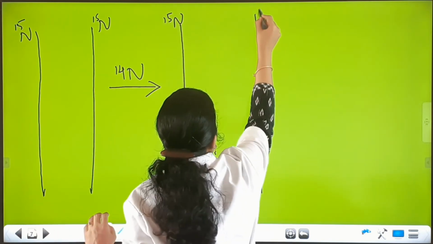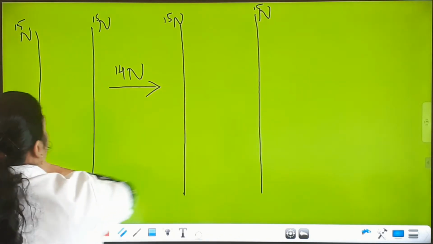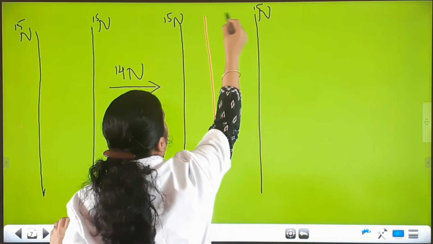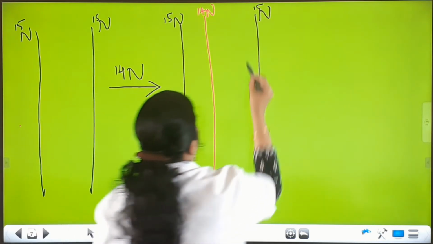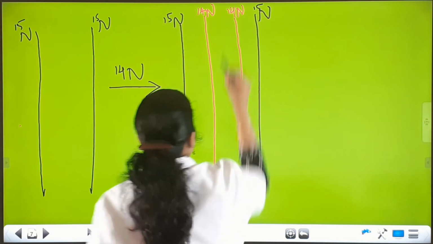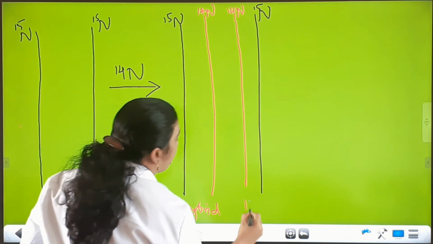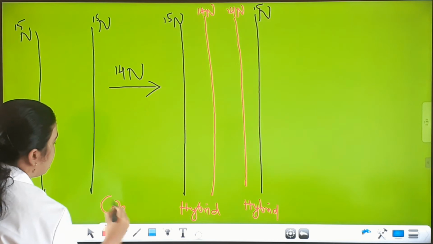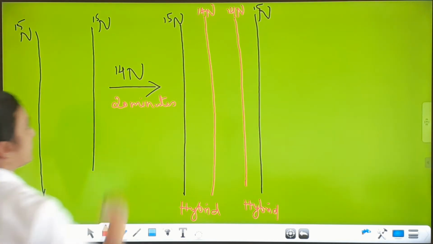So these also N15. And after 20 minutes, a new strand is formed from the template strand, and that is having light DNA. Here also they are having light DNA. So this is the hybrid variety. This one hybrid DNA and this also hybrid DNA. And this happened after 20 minutes. Here we can write after 20 minutes.